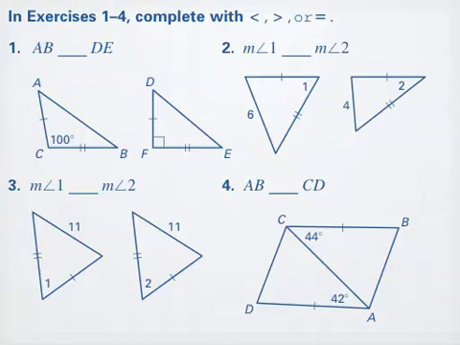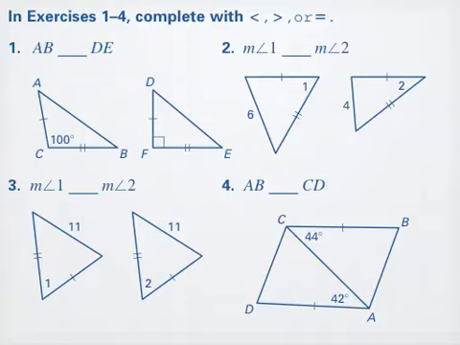Because angle C is greater than angle F, that means that the side opposite of angle C is going to be longer than the side opposite of angle F. The side opposite of angle C is side AB, and the side opposite of angle F is side DE.